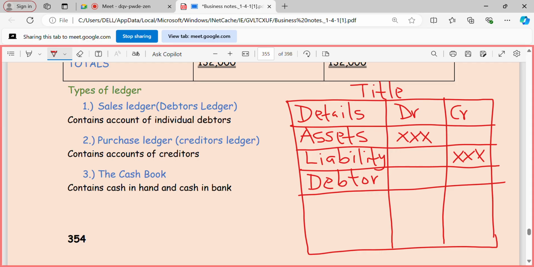Creditors ni watu uko na pesa yao. Creditors are people whose money you have. But watu wako na pesa yako, those are the debtors. Watu uko na pesa yao, we call them the creditors, but watu wako na pesa yako, we call them the debtors. So liability in whichever form.